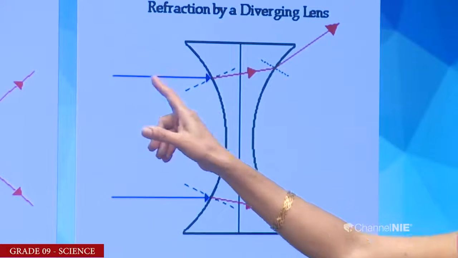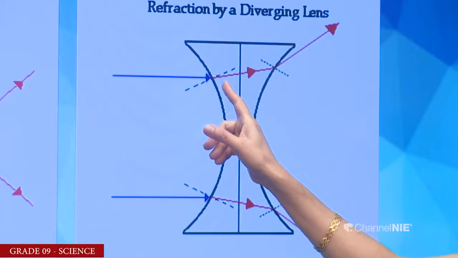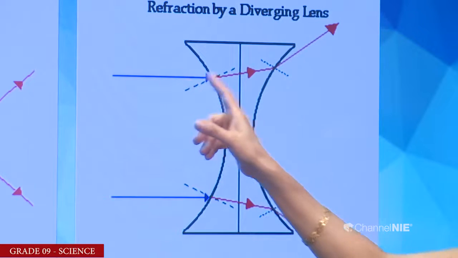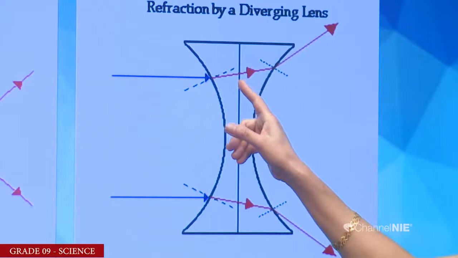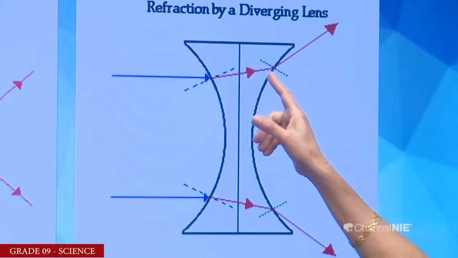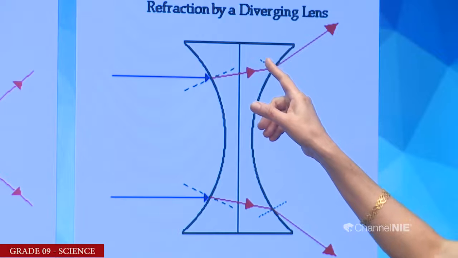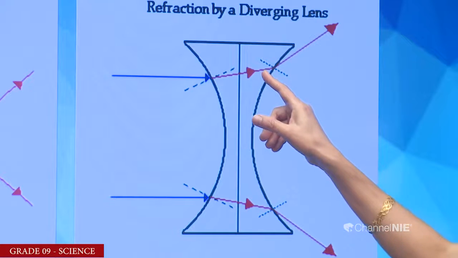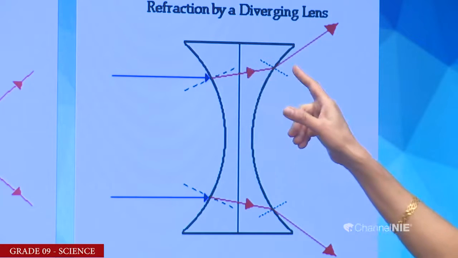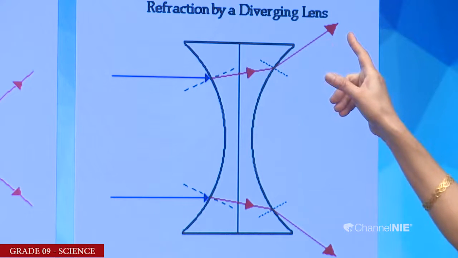Here this ray is falling on that point, this is the normal. So, this is the rarer medium and this is the denser medium. So, light bends towards the normal, you can see it here, and when it is emerging, this is the normal line. So, light bends away from the normal. In that way, light rays are diverging.